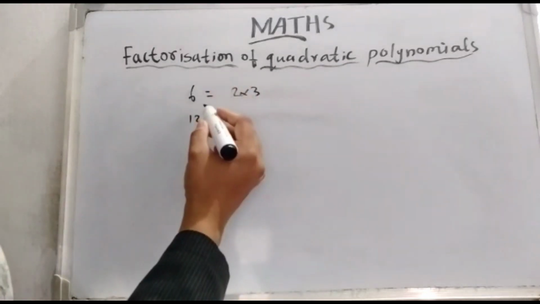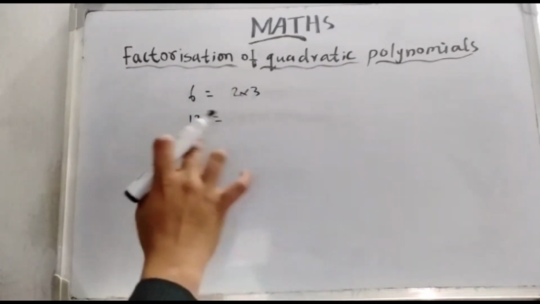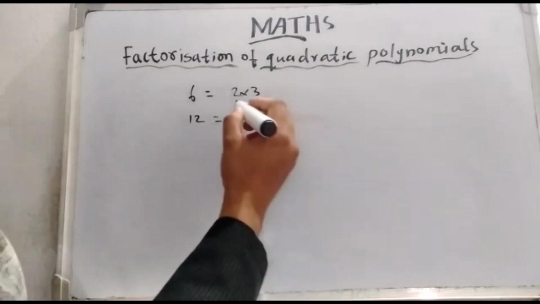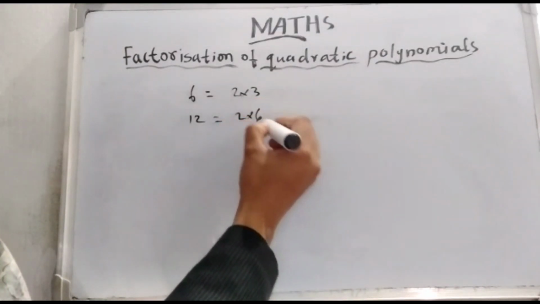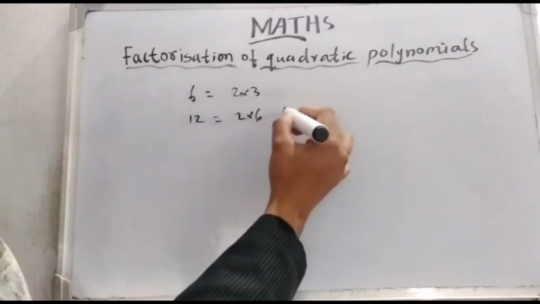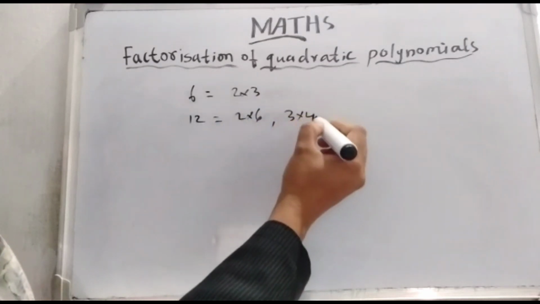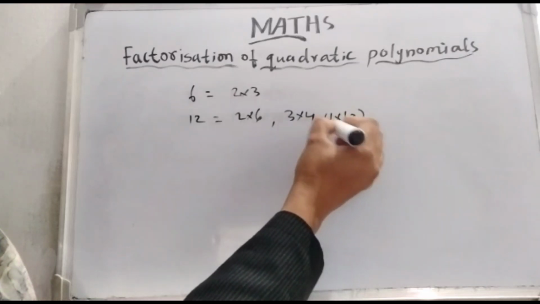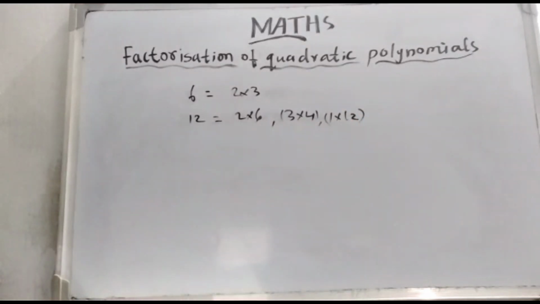We can factorize 12 as the product of its factors like 2 into 6, then 3 into 4, 1 into 12. Like that. This is factorization.